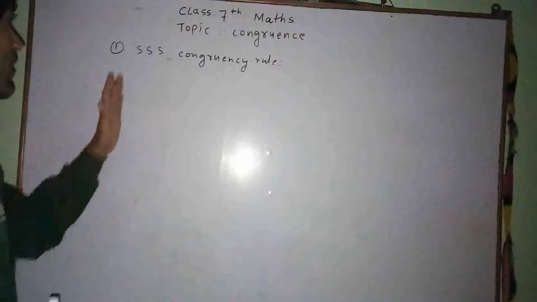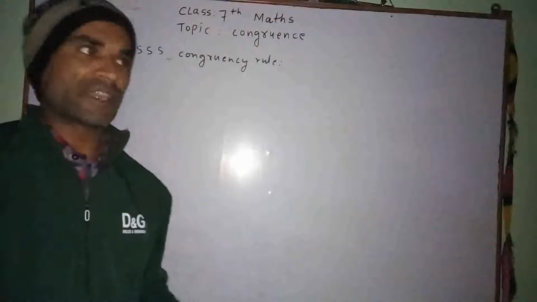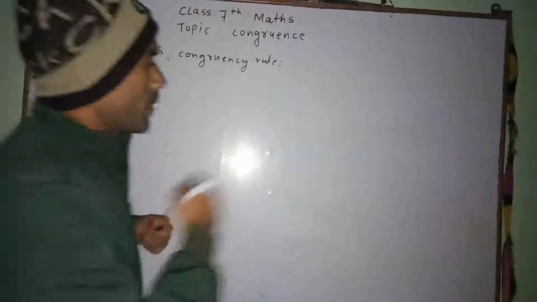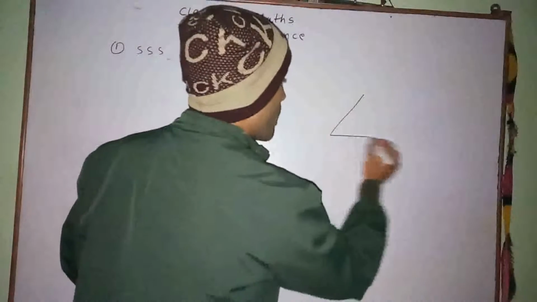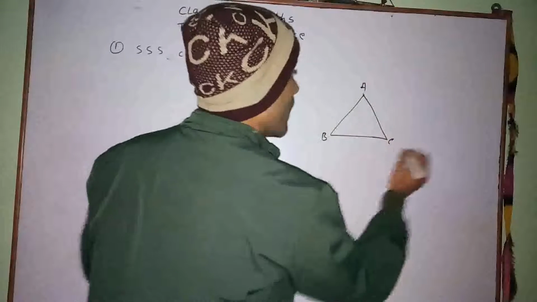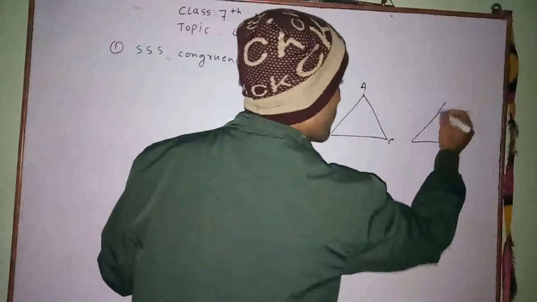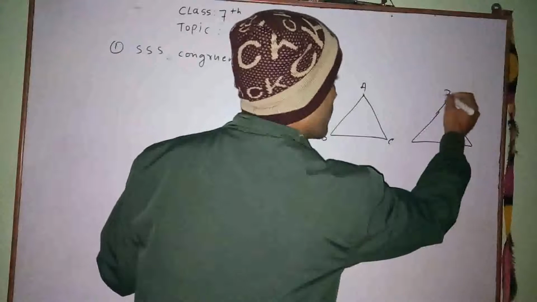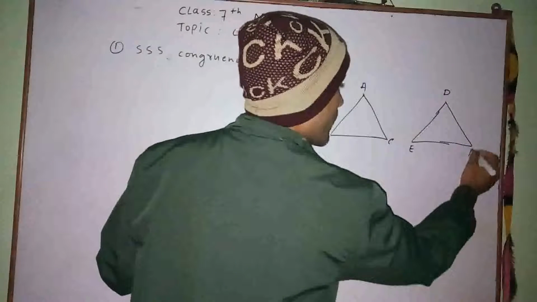SSS means side-side-side congruency rule. Suppose there are two triangles, triangle ABC and triangle DEF.